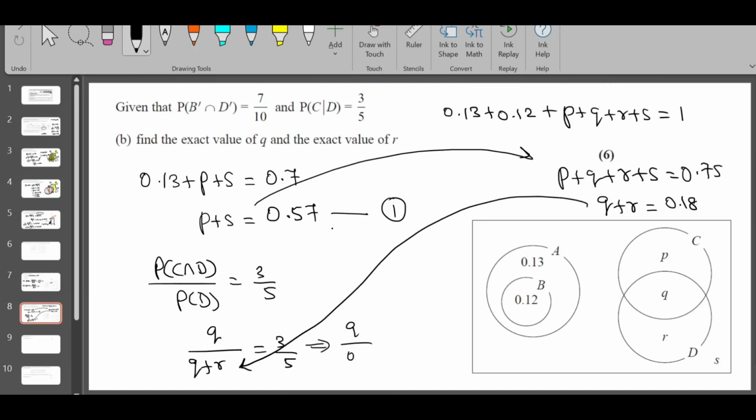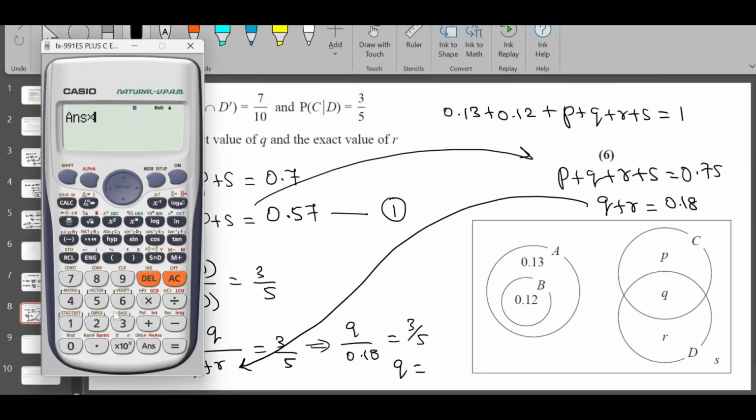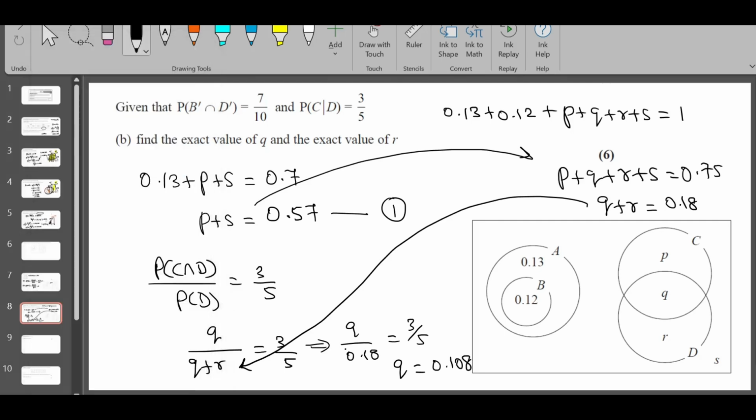Q divided by 0.18 is 3/5. So Q is 0.18 times 3/5, 0.108. See, that's how you need to use these equations to find the value of Q.